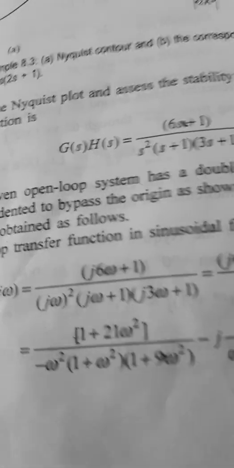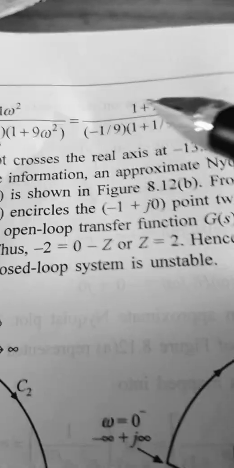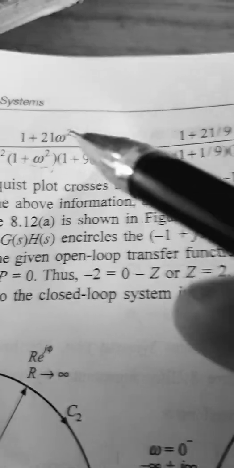So when you are doing like that, you substitute omega: this is (1 plus 21 omega square) divided by (minus omega square) into (1 plus omega square) into (1 plus 9 omega square). There you substitute omega as 1 by 3.